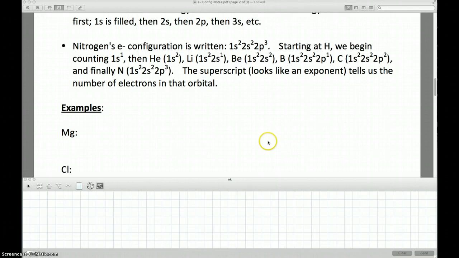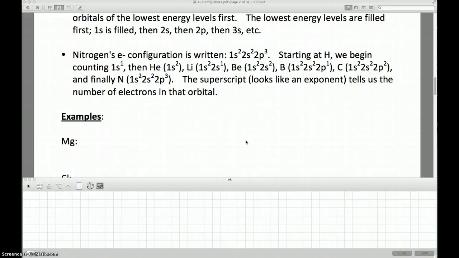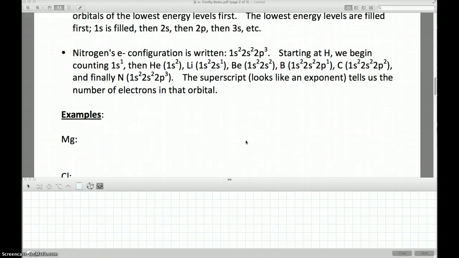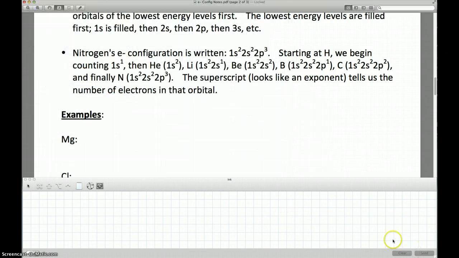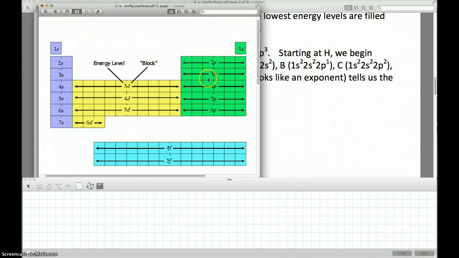So, Mg. The way we write the electron configuration for Mg, the first thing I'm going to do is look at my periodic table and find Mg. It's right here. It's the third row down, second one in. Then I'm going to look at my road map.